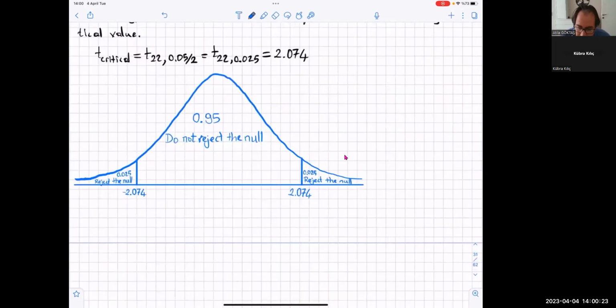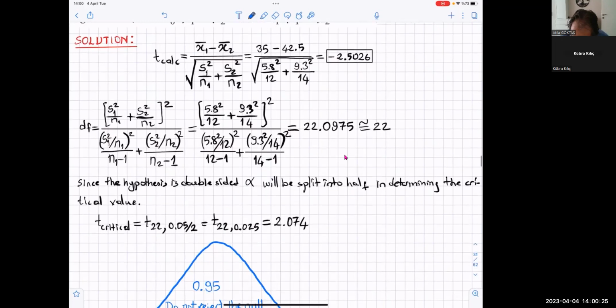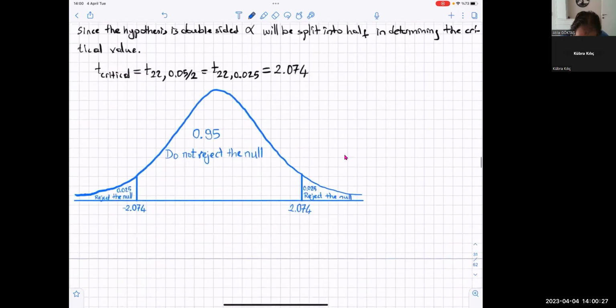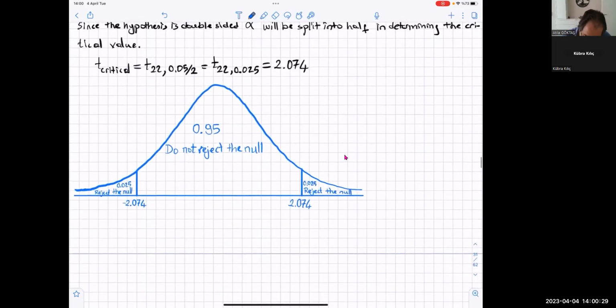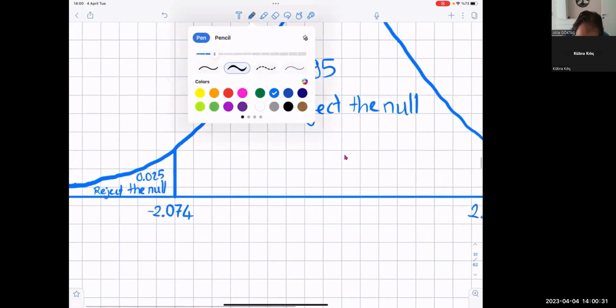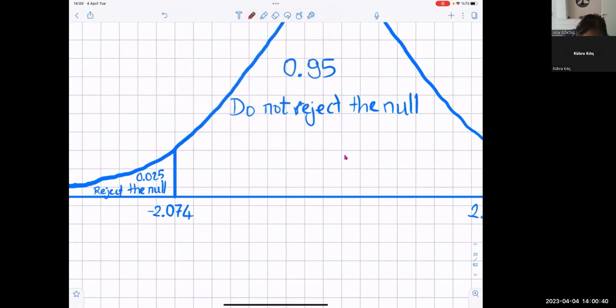Fine. The calculated statistic is minus 2.5026, simply falling within the left rejection path. So it will be falling somewhere here.